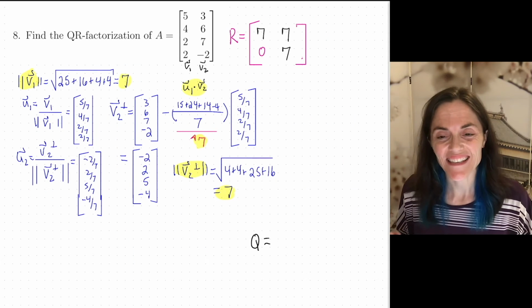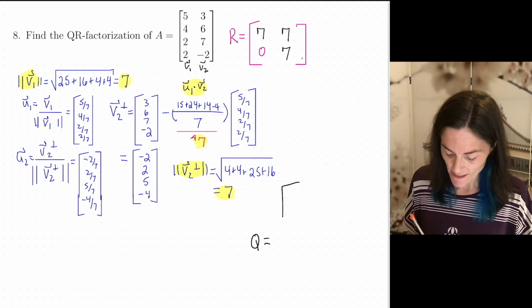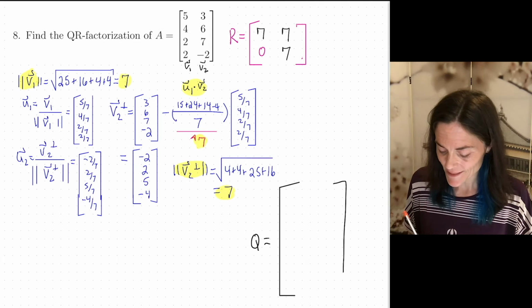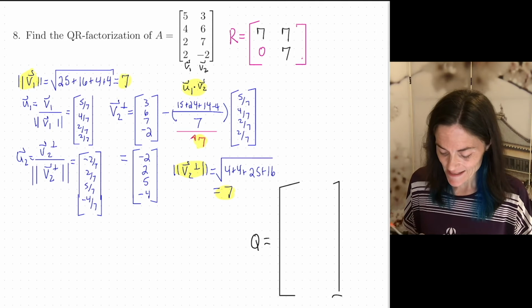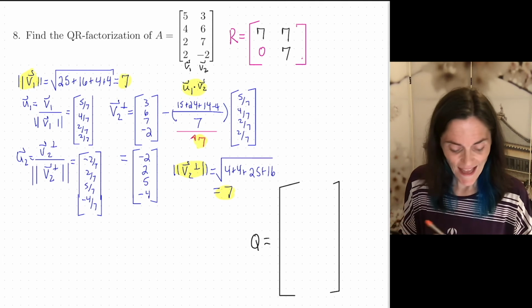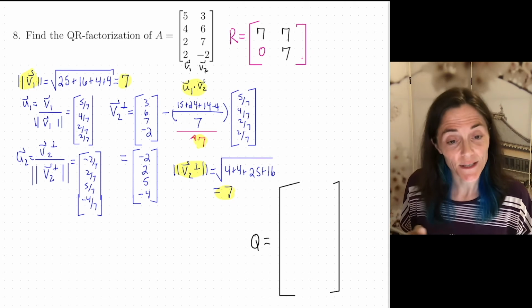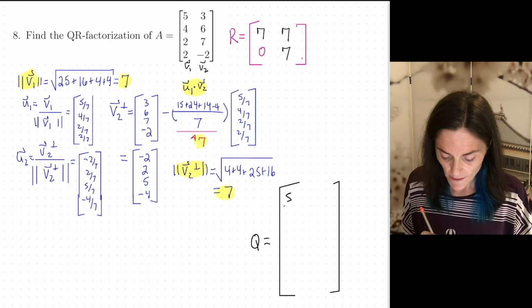My final step is just to write down matrix Q, right? And we have everything. The first column of Q is vector U1, and the second column of Q is vector U2. So we have 5 over 7, 4 over 7, 2 over 7, and 2 over 7.